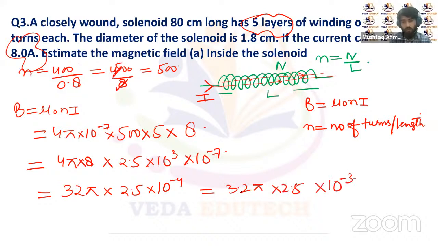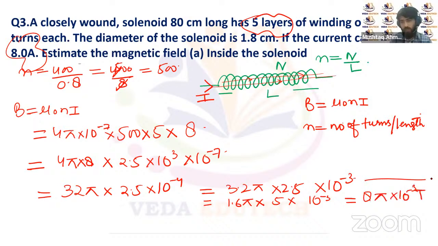The value of pi is 3.14, or we can write it as 22 upon 7 as well. So it will be 1.6 pi multiplied by 5 into 10 to the power minus 3, which is 8 pi into 10 to the power minus 3 Tesla.